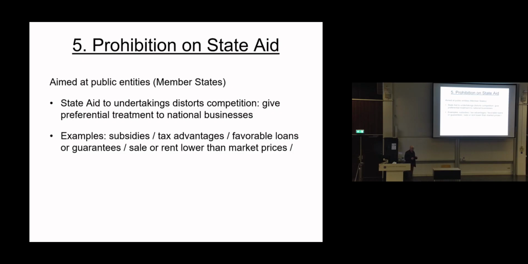That could be done in many ways. For example, subsidies, tax advantages, favorable loans at low interest rates, sale or rent of properties, or there are many different ways by which the state can support a particular business.